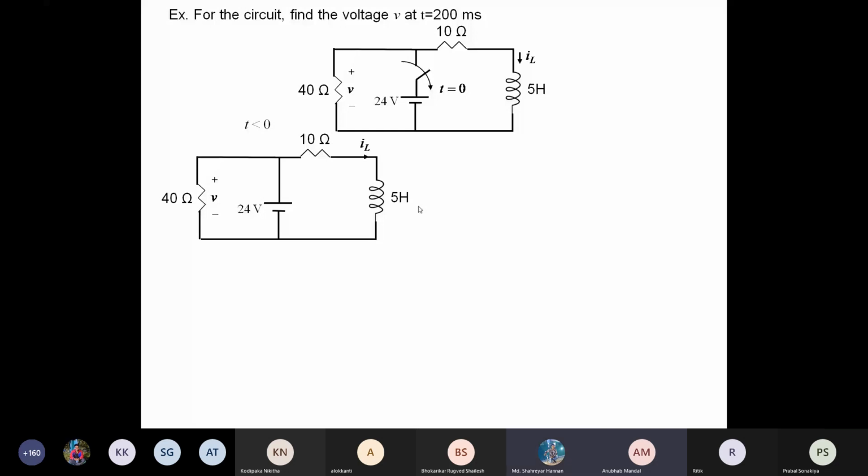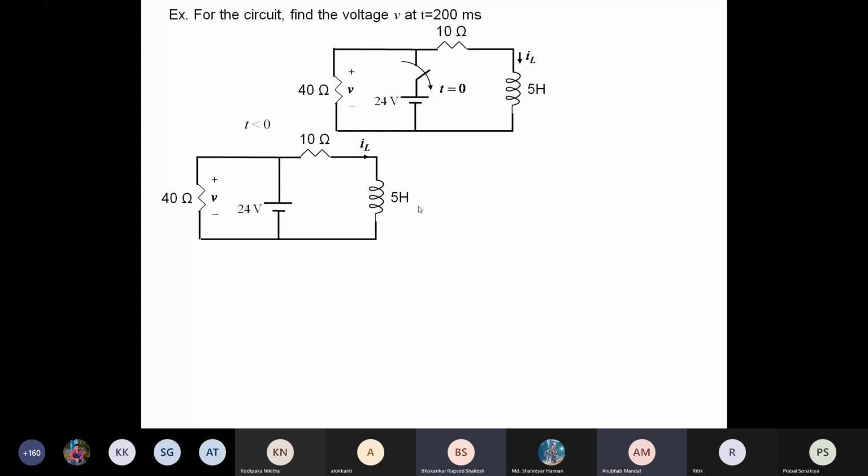Hello, sir. Are you speaking something? Sir, you are not audible. Where are you? Hello. But there will be decay in the circuit. Initially the inductor is charged and then it will start decaying. We cannot see your screen and you are not audible.